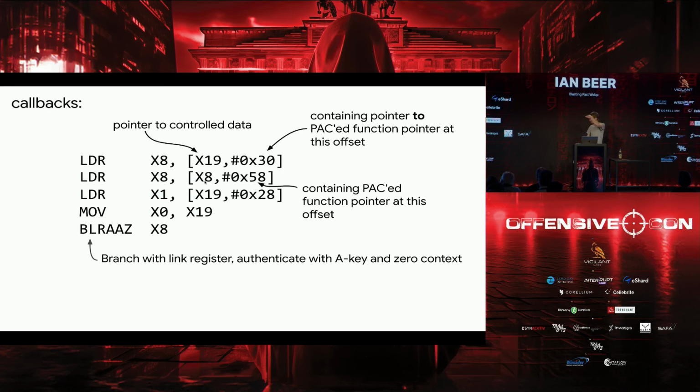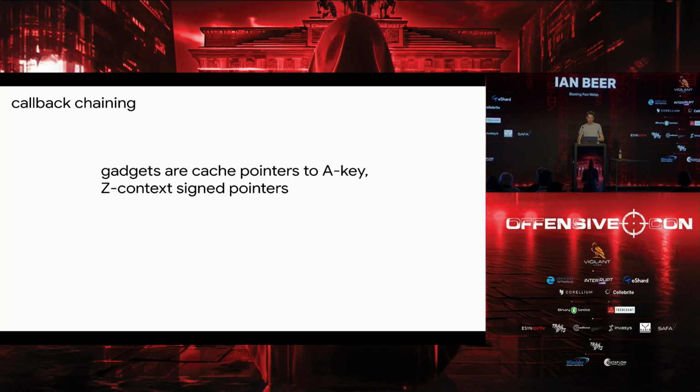a bypass which is relatively well known and certainly has been documented before, where, as long as you can find pointers to the signed pointers that you want to use, you can just chain these together, and this is absolutely enough.